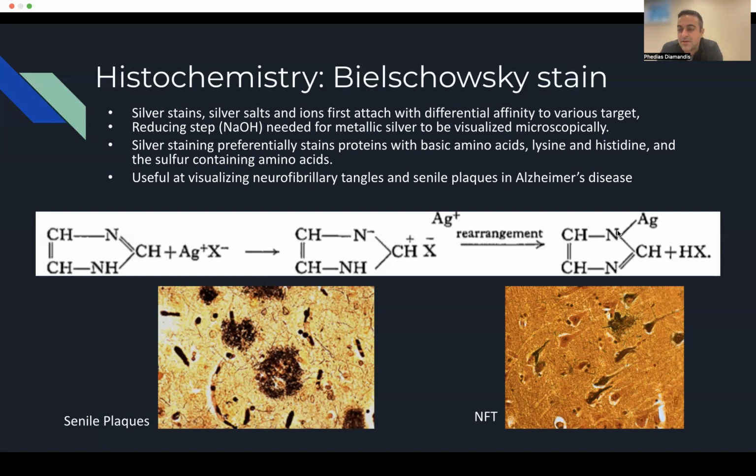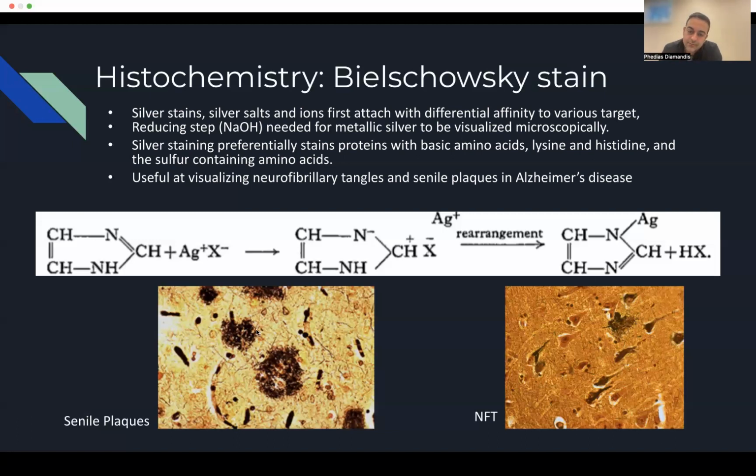It'll form this bond, and then this will relieve the chemical charge imbalance. Here you produce your acid, and then you have your silver metal attached to specific proteins, which then you can reduce with sodium hydroxide and get that brilliant staining that you see here.